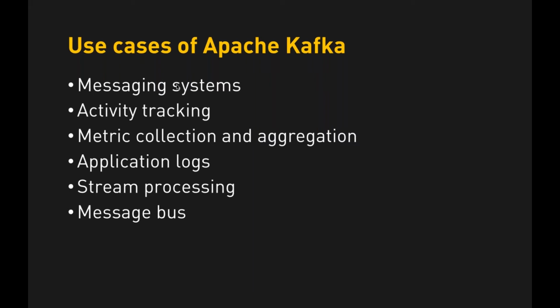So activity tracking is another popular use case. Of course, metric collection and aggregation. For example, as I mentioned earlier, if you want to gather the metrics from servers or application logs coming from your database, app servers, and web servers, all of them can go via Apache Kafka to their destination.